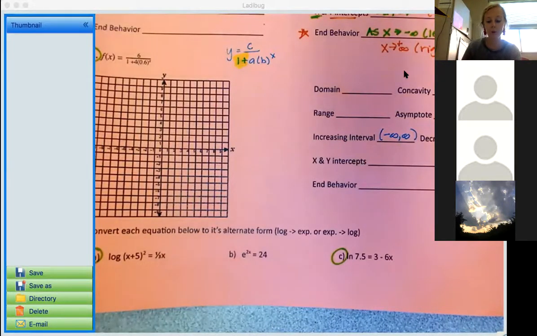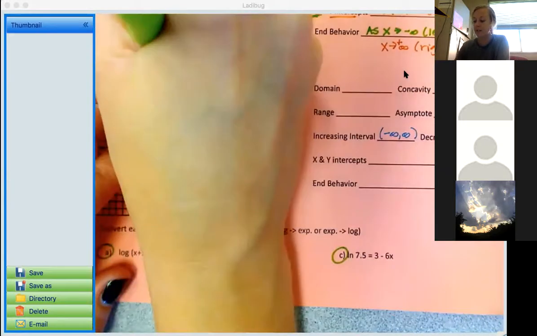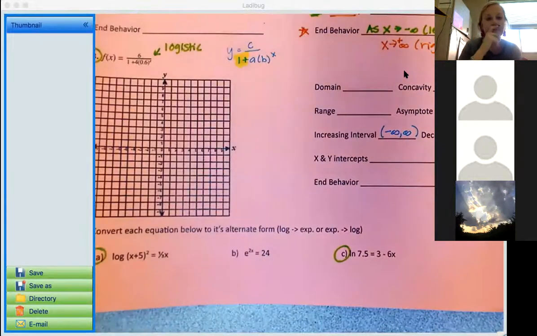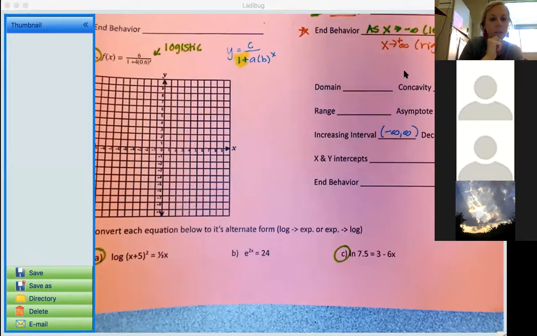Now let's just review our logistic functions from Friday, because does everybody agree this is logistic? Y'all agree this is logistic? Yes, ma'am. Okay. Why is it logistic? There's 2 things. Tell me one.